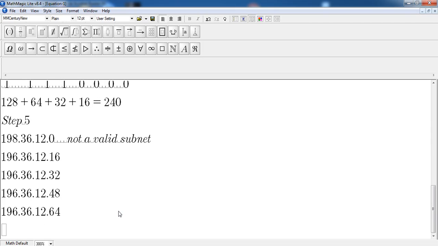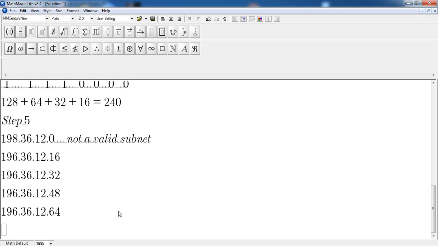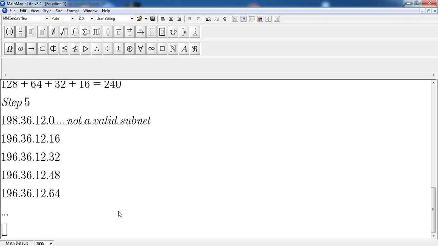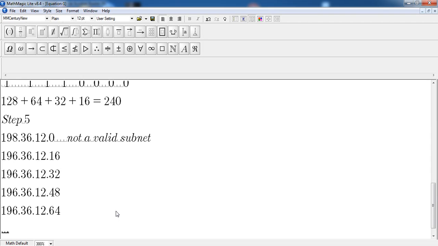The maximum that we could have, so we cannot use 240. Okay, so that is not acceptable.